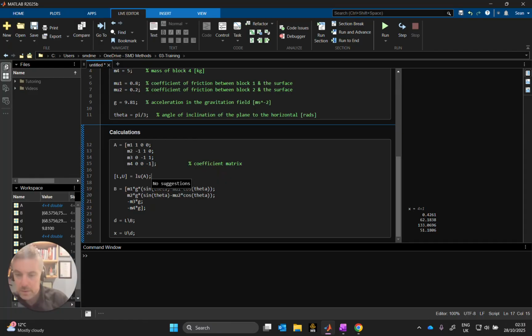This here is the decomposition of matrix A into its upper and lower diagonals, echelon form as they call it. B, this is my forcing function vector.